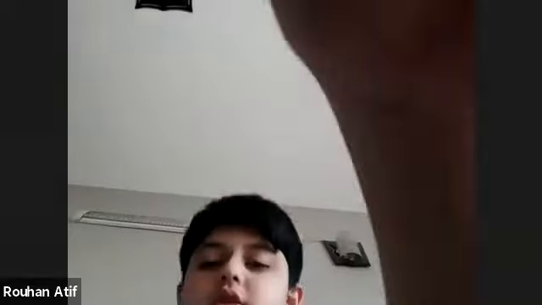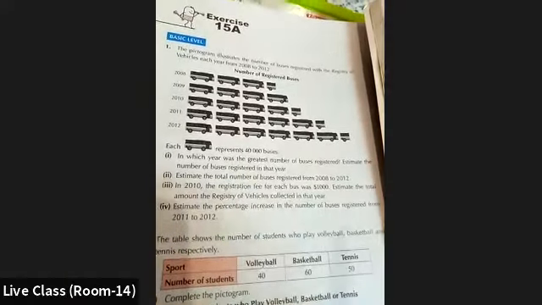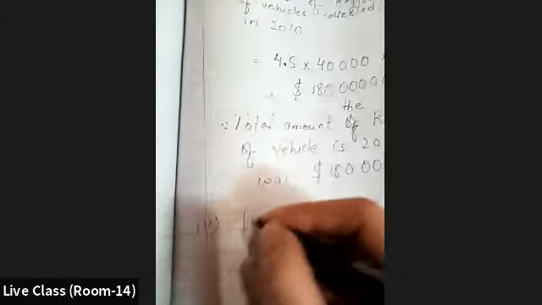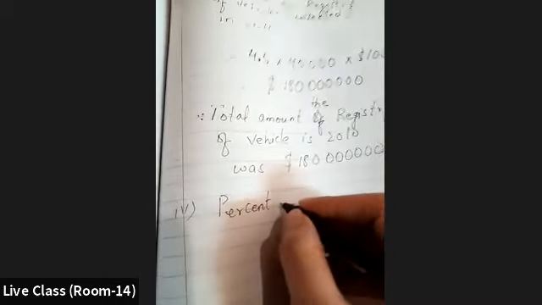1.5. It's only one, Manur. Yes, miss. It's 1, only one, beta. Okay. So estimate the percentage increase in the number of buses registered from 2011 to 2012. So how can we find out? What we have to do? Okay. Percentage. Very good, Anas.